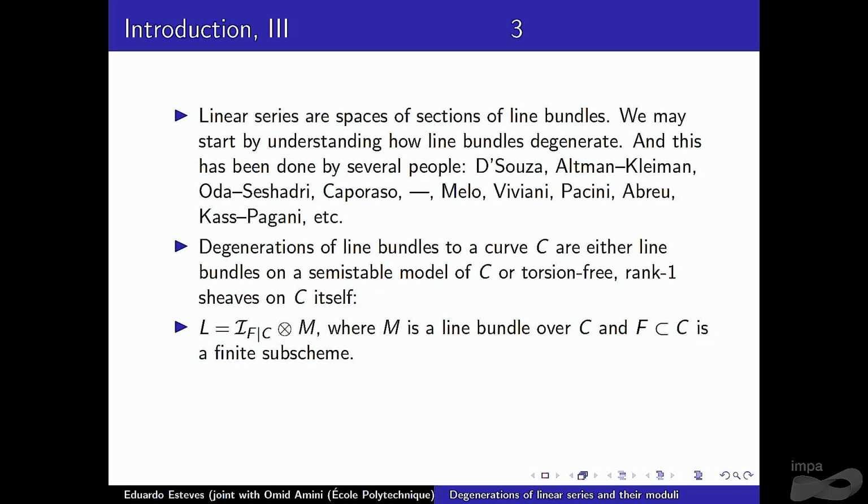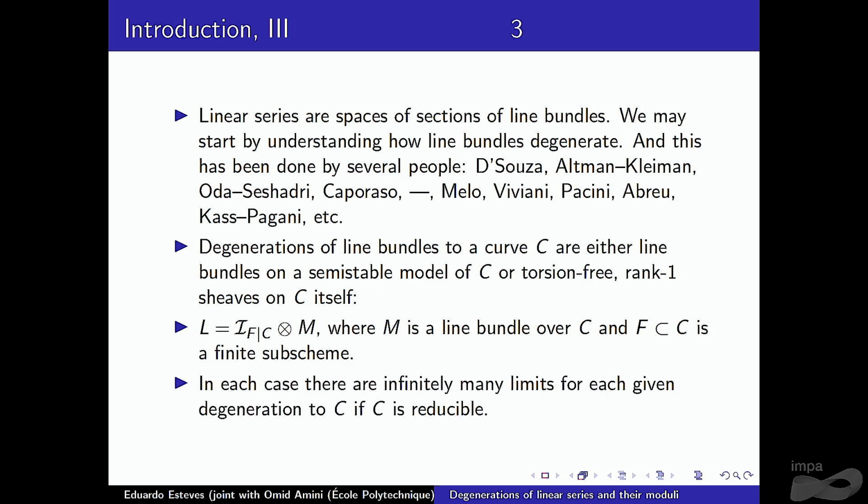If your curve is smooth, then this sheaf of ideals is a line bundle as well. In general, you can have this presentation of the sheaf, which is not unique, but it sort of tells you what's going on. So these are the sheaves that we can try to parameterize in a compact variety. So I'm going to talk a little about them.